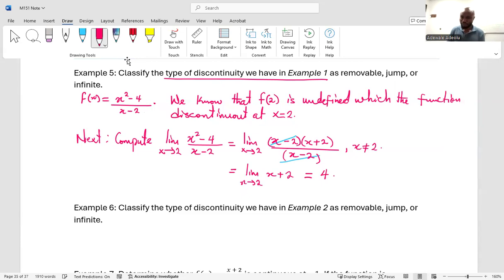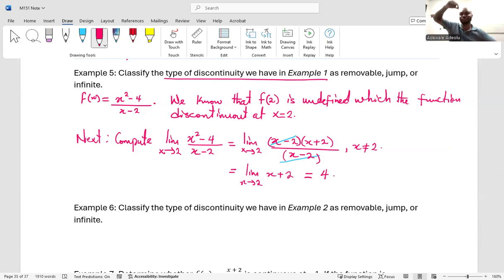Now, look at that. The limit exists. Are you getting that? The limit actually exists, that is, the limit from the left and the limit from the right are the same. But at that point, x equals 2, the function value is not the same as what we are getting for the limit.